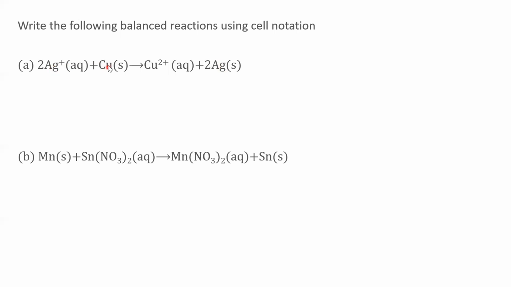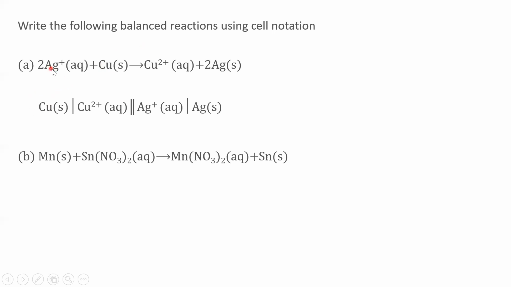The copper is going from a 0 to a +2. That means the copper is being oxidized. The oxidation comes first in the cell notation, so our cell notation would be the copper atoms going to copper ions. This is showing the oxidation half reaction.